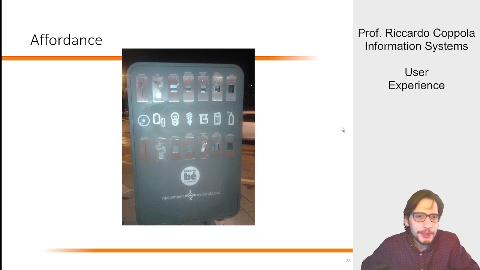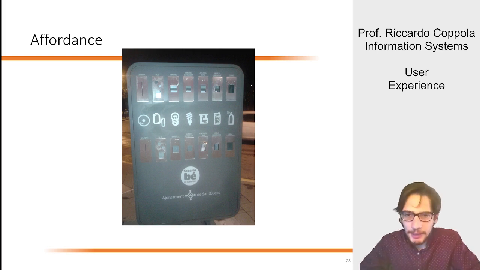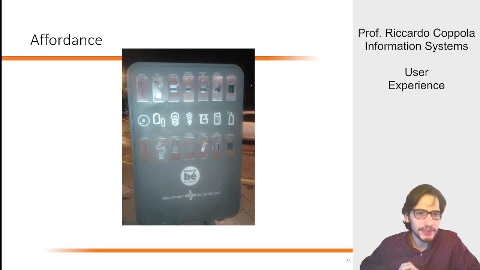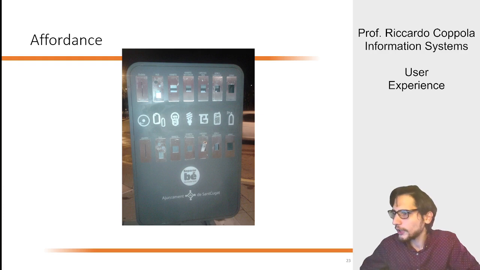Another typical example that is used is this device for performing a separate collection of waste somewhere in some Spanish-speaking country. You can see that this is a super complex system for collecting different types of trash.